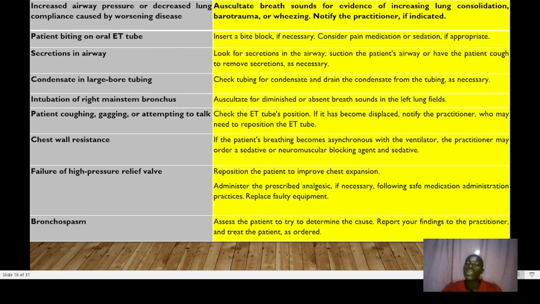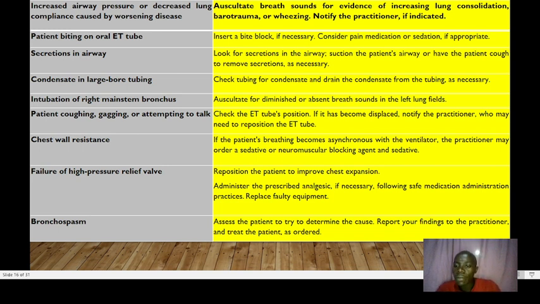So, in chest wall resistance, if the patient's breathing becomes asynchronous with the ventilator, the physician may order a sedative because it's like the patient is fighting the vent, so they have to be synchronous.